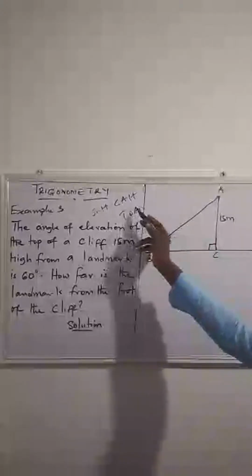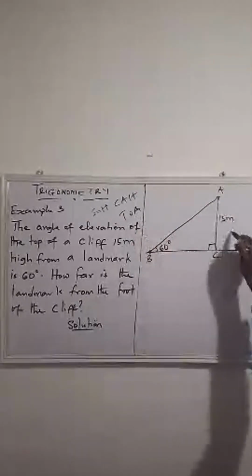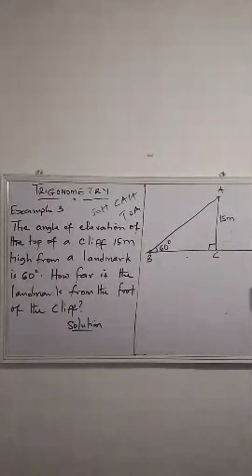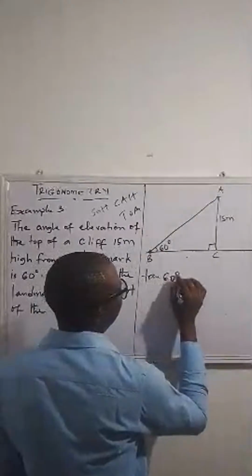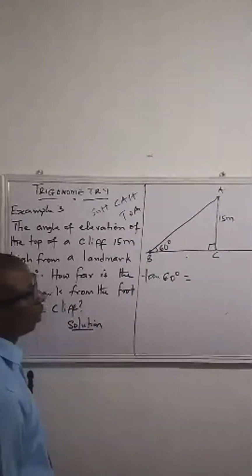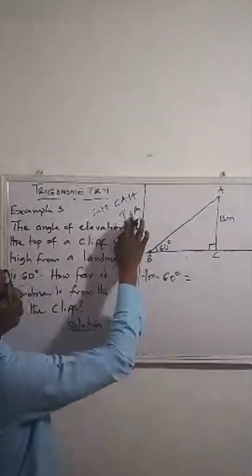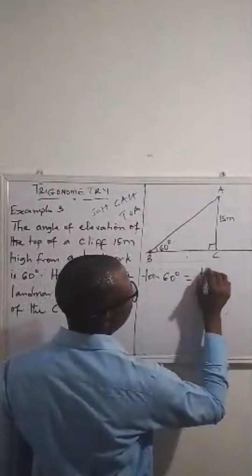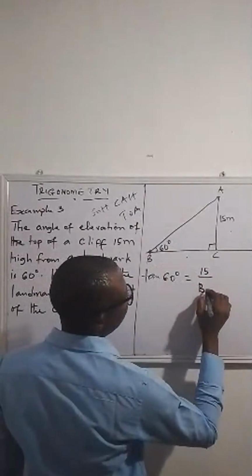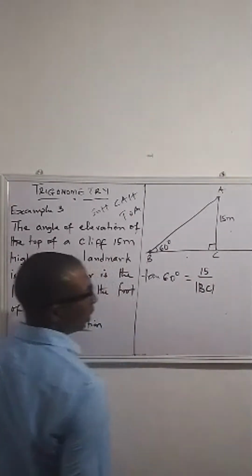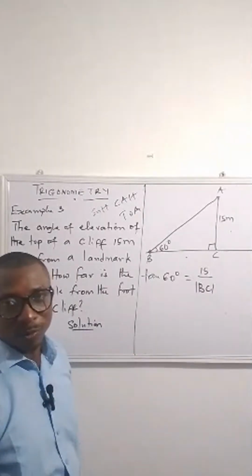The opposite and the adjacent, so we are connecting this and this together. We have tan 60 degrees equals opposite, that is 15, over adjacent, that's BC. Here we can cross multiply.